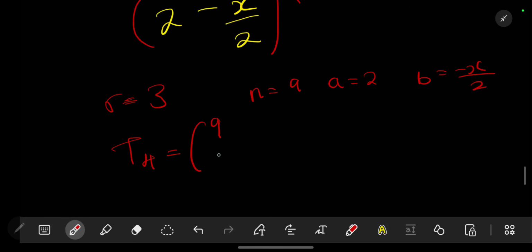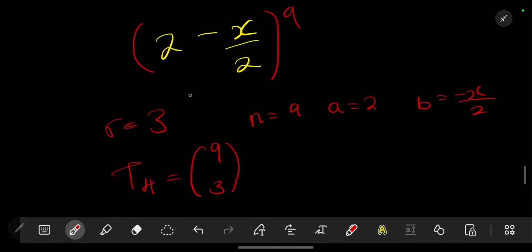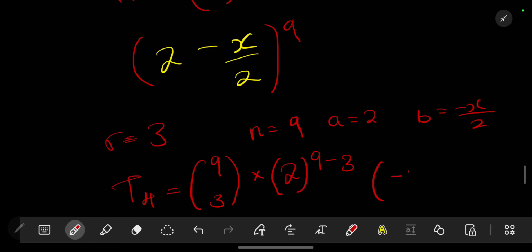So our 9 combination, our r is 3, then what is our a? Our a is 2, so we say 2 to the power of our 9 minus our r, which is our 3, like that. Then our b is negative x over 2 to the power of 3.